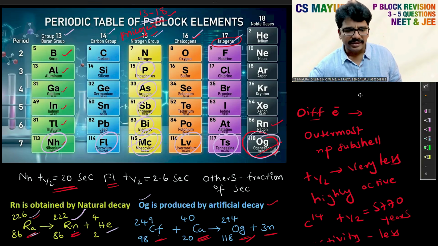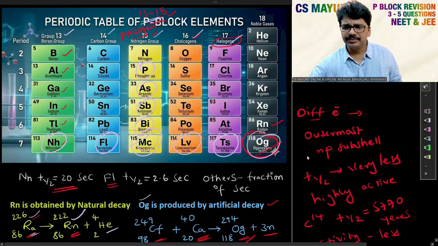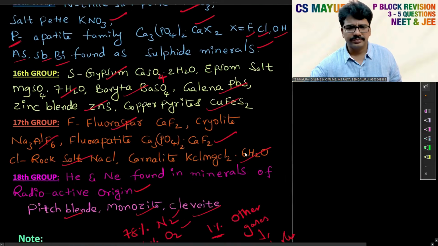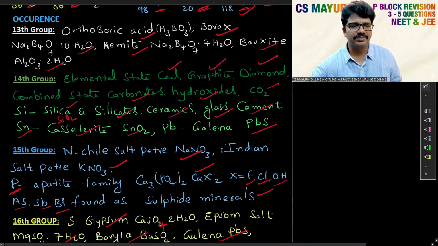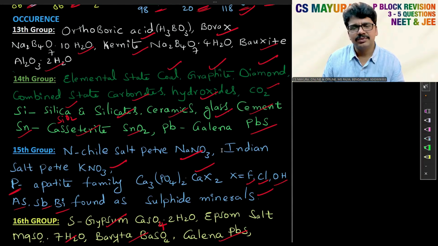Right. Next topic is occurrence. Here I have given all the sources or minerals given in the NCERT, only NCERT sources. Especially in organic chemistry, you should study only NCERT.